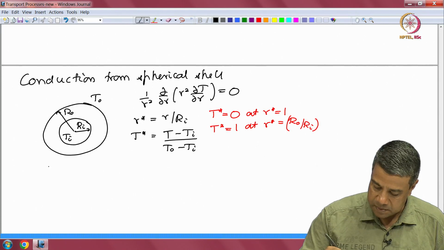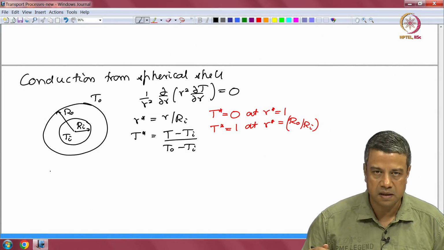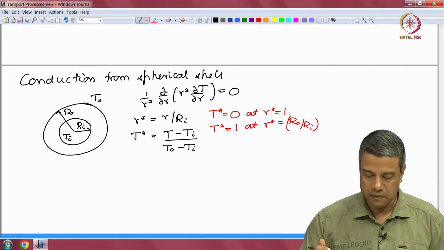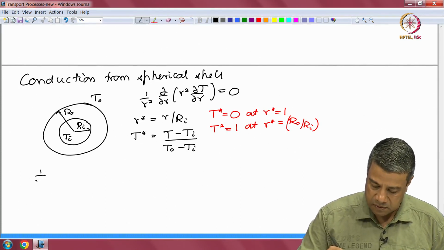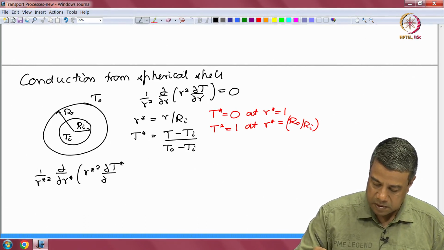And the equation becomes, I can just scale it. r star is linear in r and T star is linear in T, and therefore, if I scale the equation, I will get 1 over r star square d by d r star of r star square partial T star by partial r star is equal to 0.